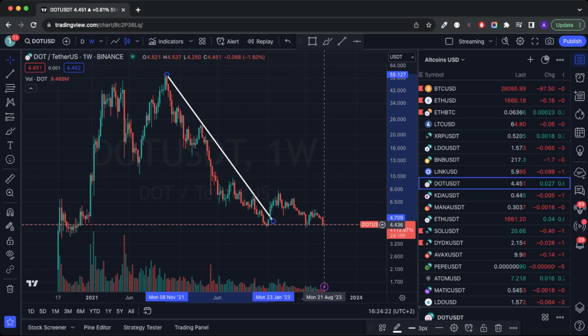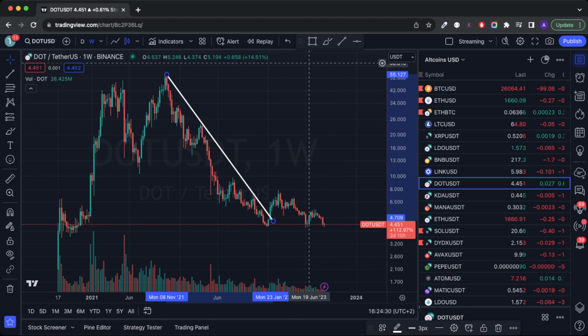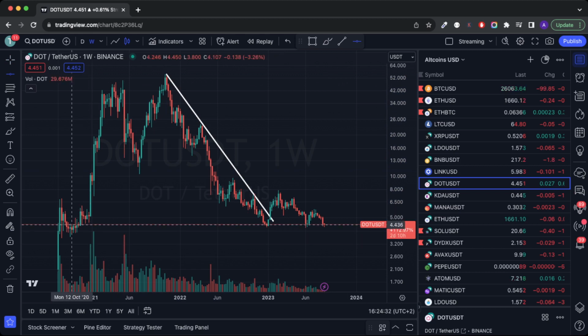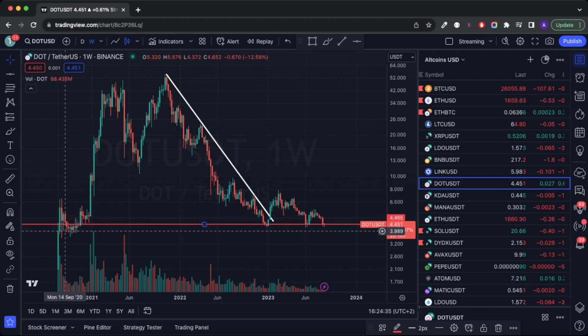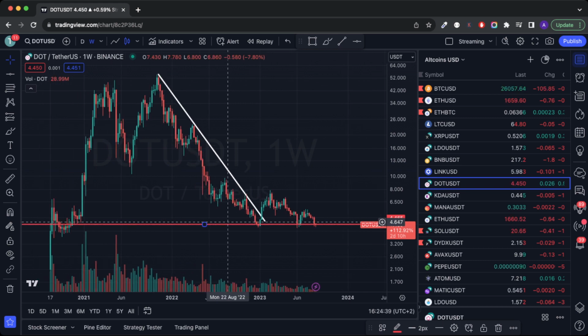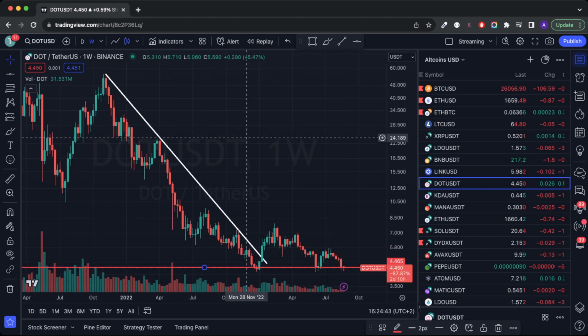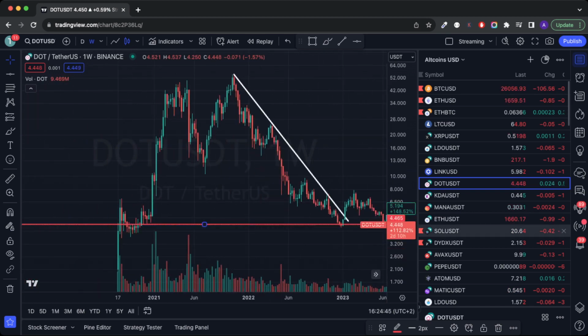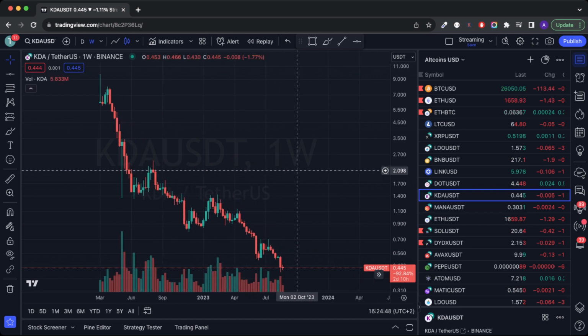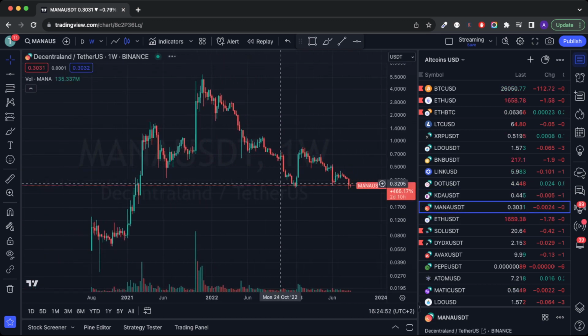And at the moment, again, like almost all of the alts, there are some exceptions, they're hugging the support, and it's definitely not looking really good. It just is what it is. As with everything else, I need to see a little bit more positive price action. It just looks horrible. I won't even go there.